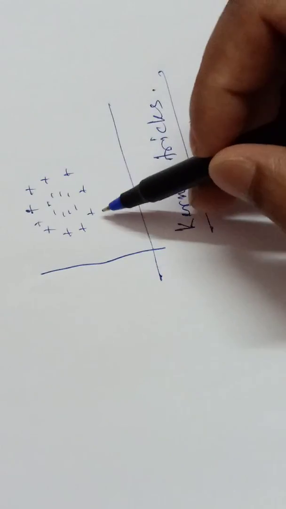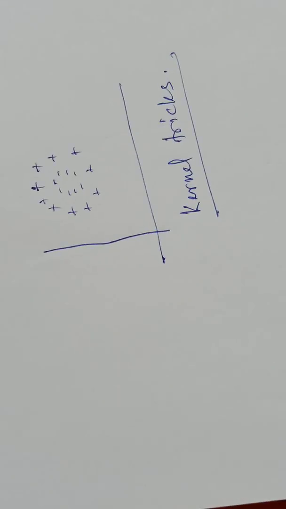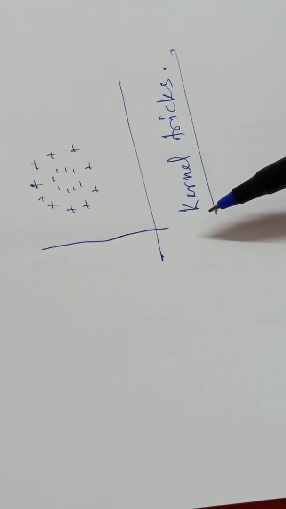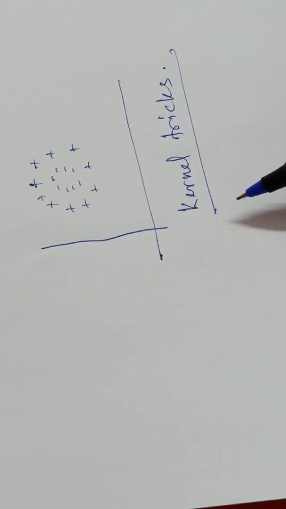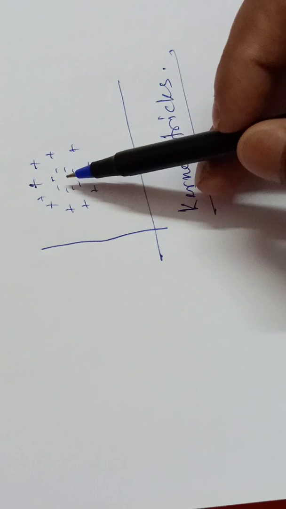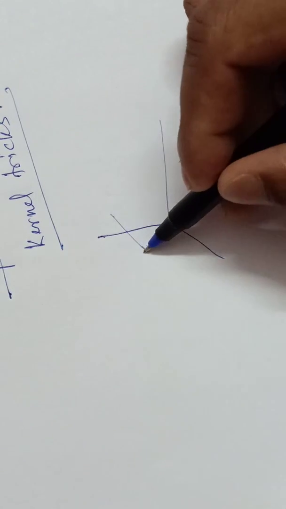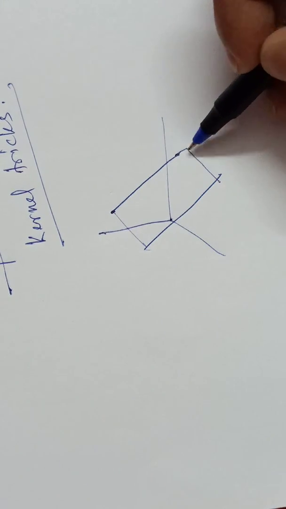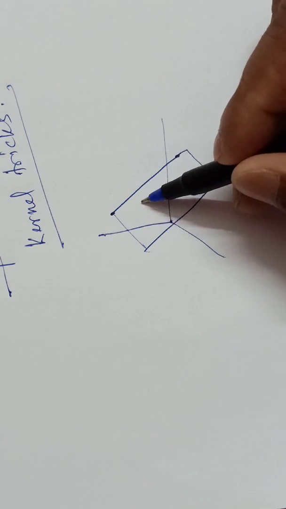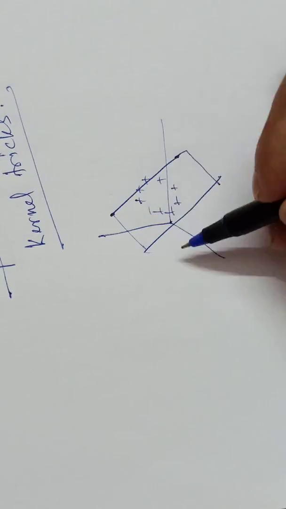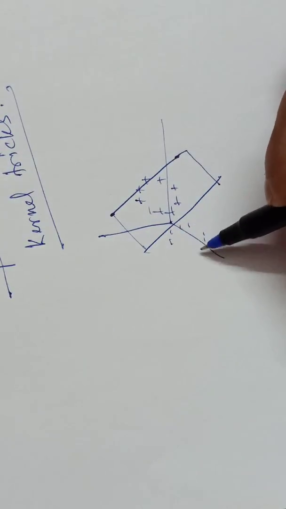How? Here all the x values are given. If we apply a technique where, suppose we have three-dimensional data, and this is the plane, and above the plane all are positive and below the plane these values are negative.